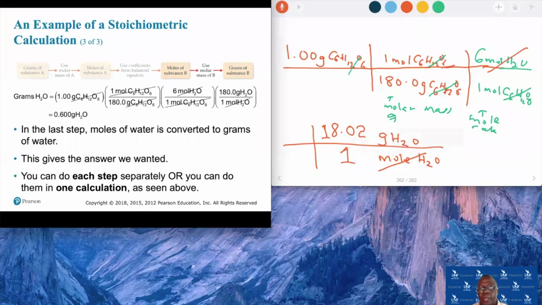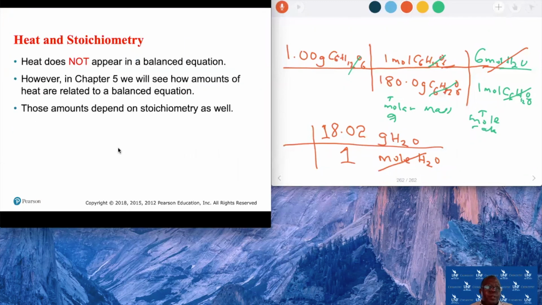What I find the longest, involving multiple conversion factors, is mass to mass. For mole to mole, it is pretty straightforward. You can handle that. It's just moles of A, moles of B, and you have yourself the answer.